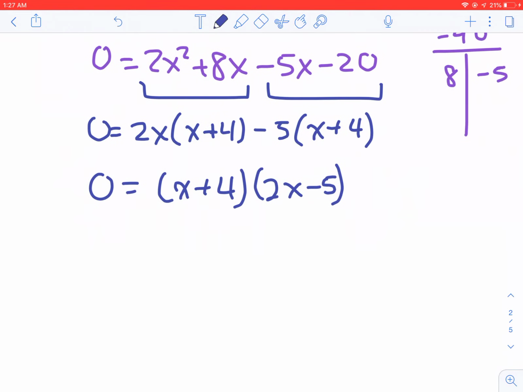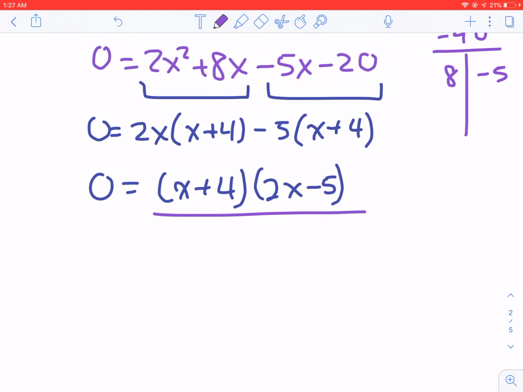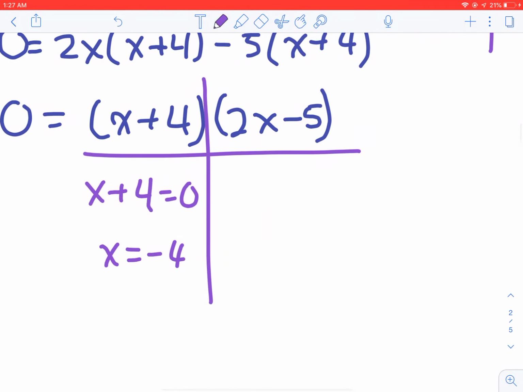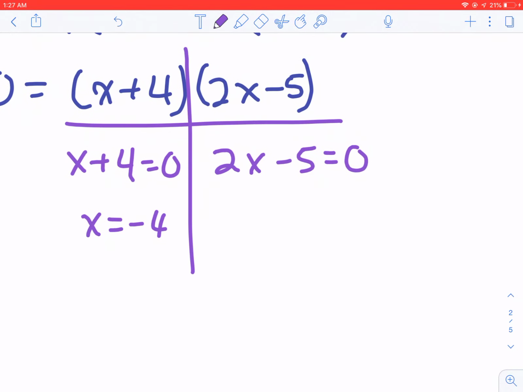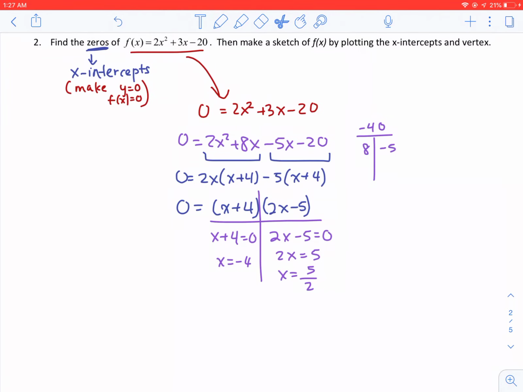That's equal to 0. And so when we split this up, we're going to have zeros at x plus 4 equals 0, or x equals negative 4, and at 2x minus 5 equals 0, or 2x equals 5, which makes x equal to 5 halves.